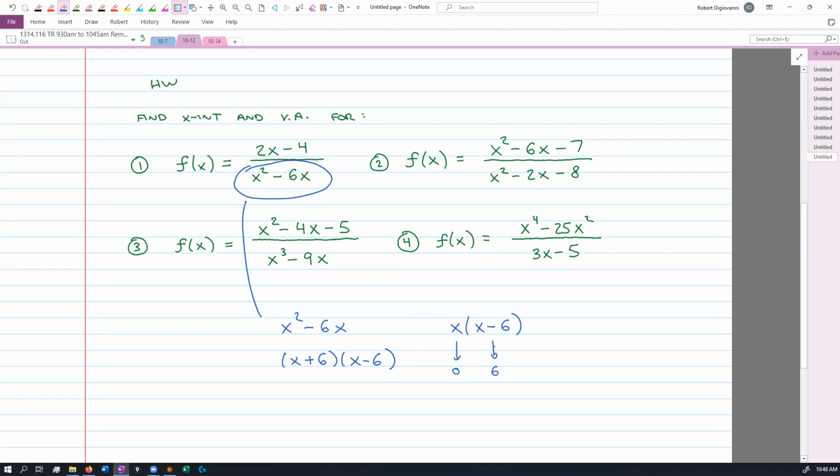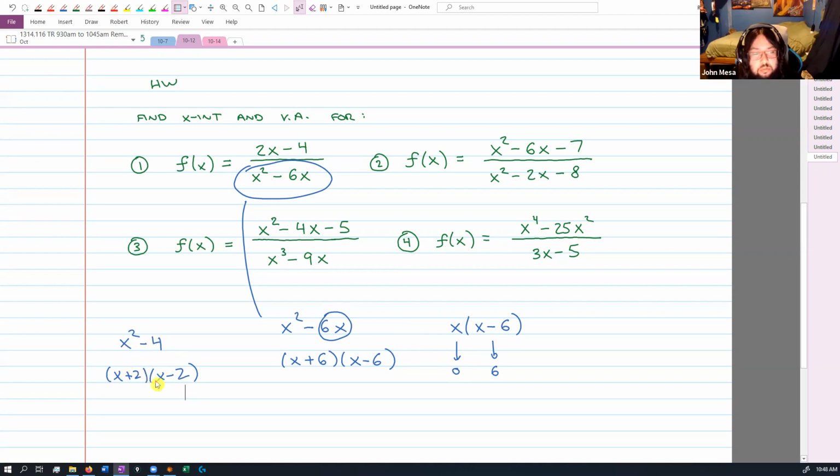But the other issue is that difference of squares means that this thing has to be something squared also. Like when I put x squared minus 4, let's say, that's x plus 2 times x minus 2. So 4 is a perfect square. It's 2 times 2. So I put 2 here and 2 here, and then it's just x and x.